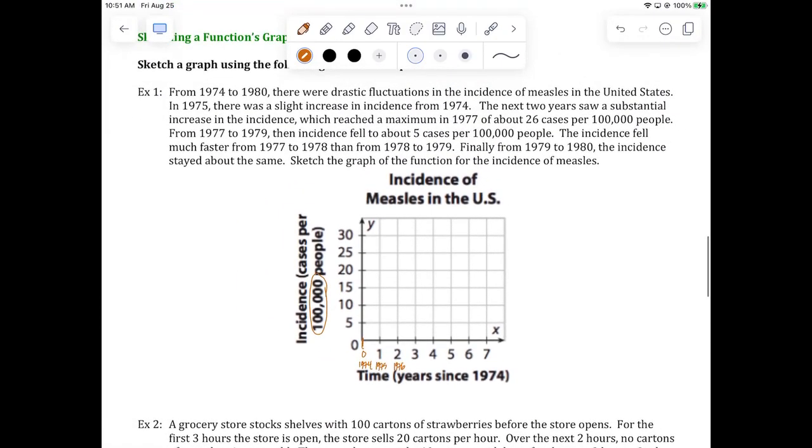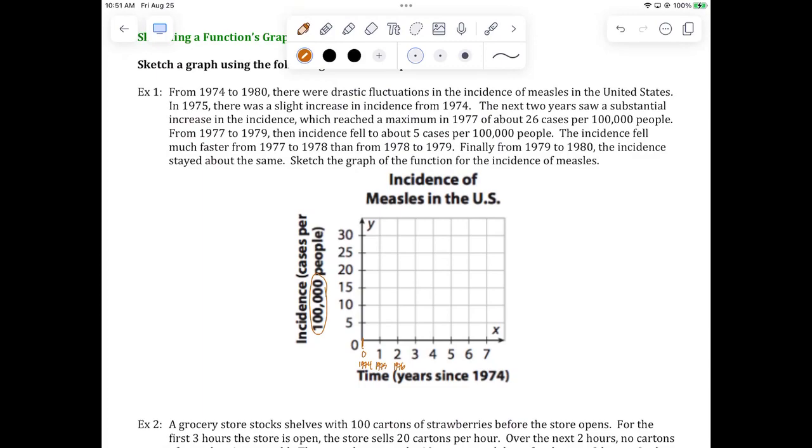So let's see if we have an ordered pair anywhere. We're looking for something in the data, in the description, that gives us the number of measles at a given time. What's the first one where it does that? The actual number of measles at an actual time. 77, right? It said in 77, there were about 26 per 100,000.